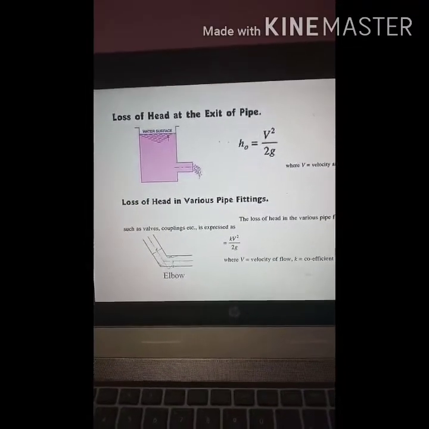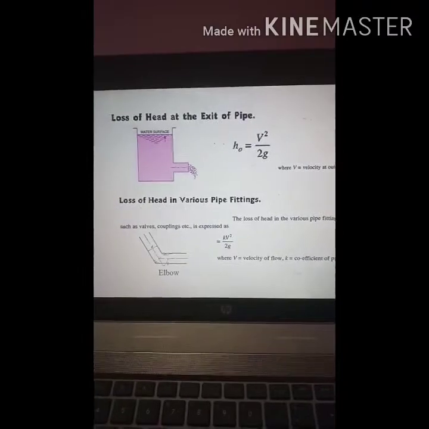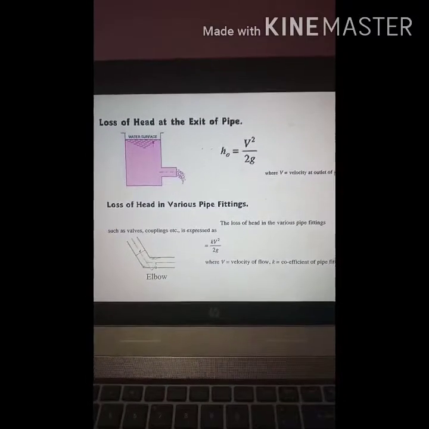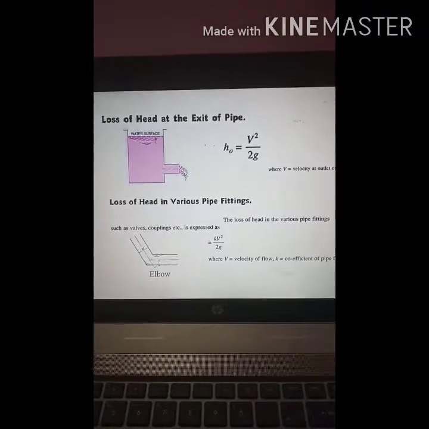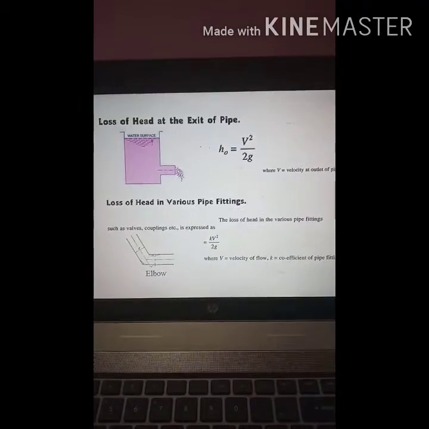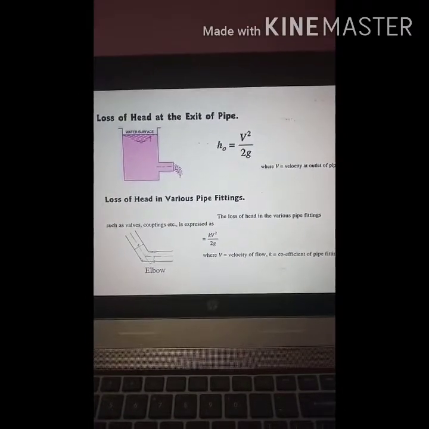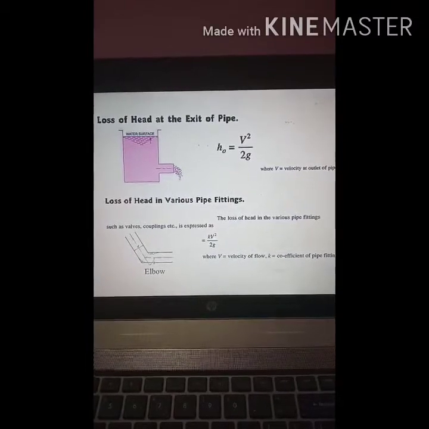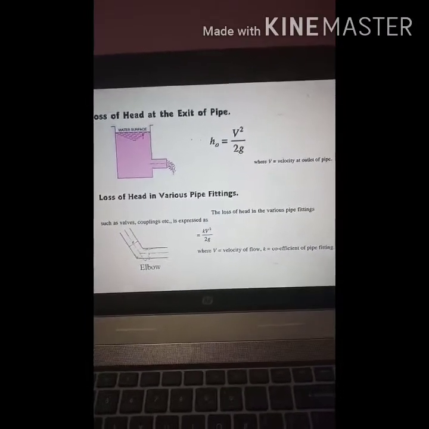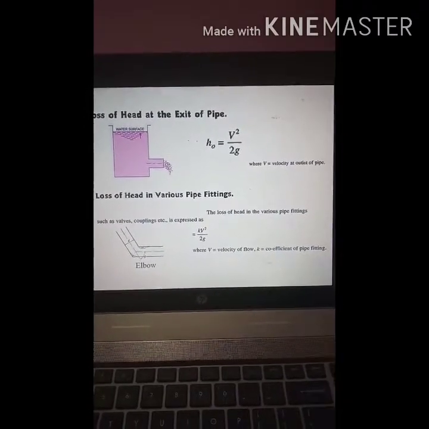Then there is a loss of head at the exit of the pipe, which is ho. At the exit the energy is lost in the form of kinetic energy, so it is given by V square by 2g. And last is a loss of head in various pipe fittings, such as the elbow shown in the figure. It is given by K V square by 2g again. So that loss which is due to pipe fittings like elbow, bend or coupling is generally given by K V square by 2g, and the value of K ranges from 0.25 to 0.3.